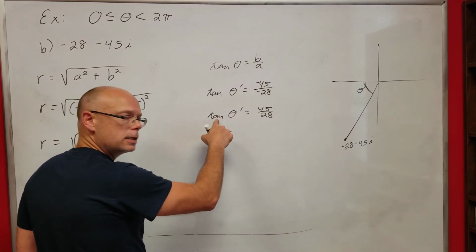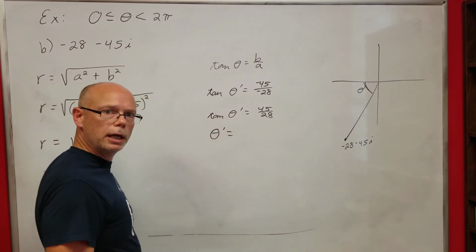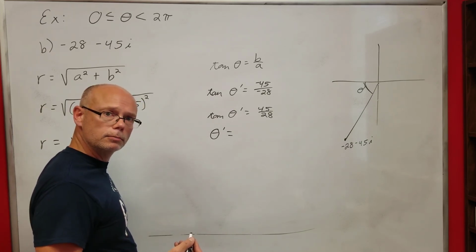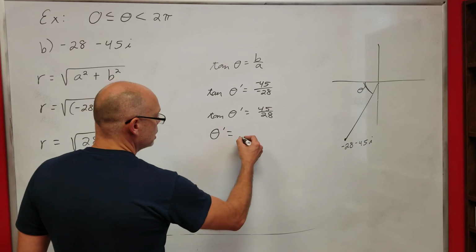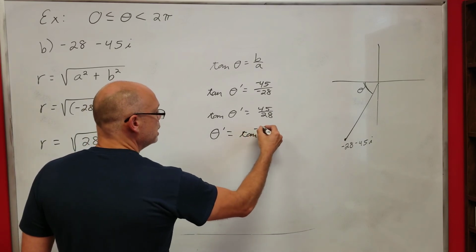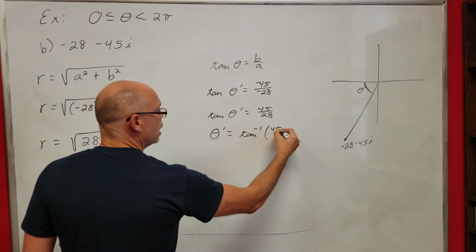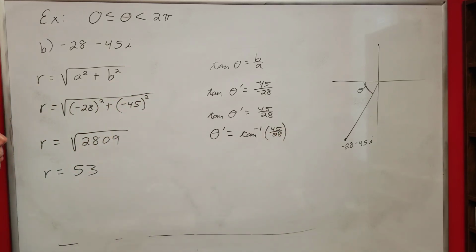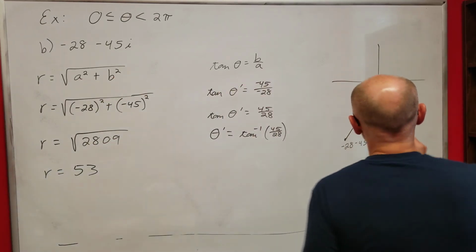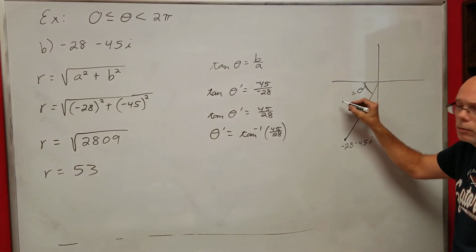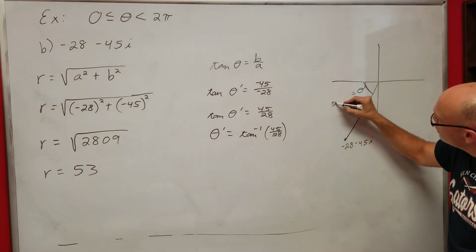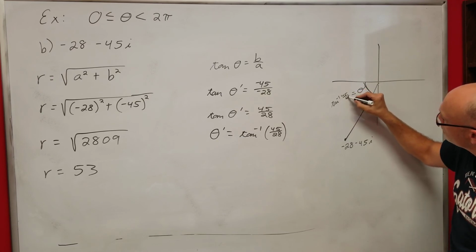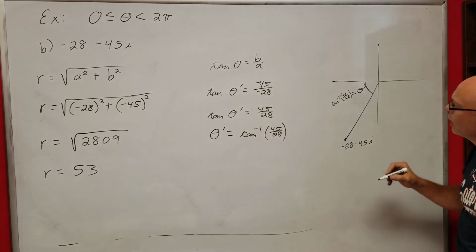Which angle has a tangent that's 45 over 28? Well, none of the ones I learned on the unit circle, right? So I'm going to say theta prime is the inverse tangent of 45 over 28, or the arc tangent. So this theta prime right here is the inverse tangent of 45 over 28.